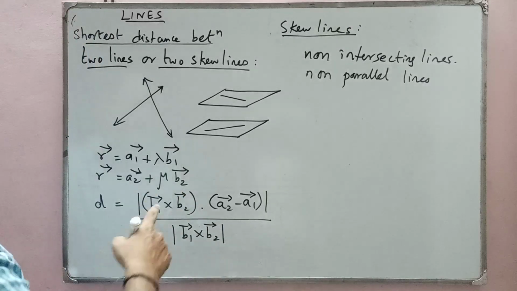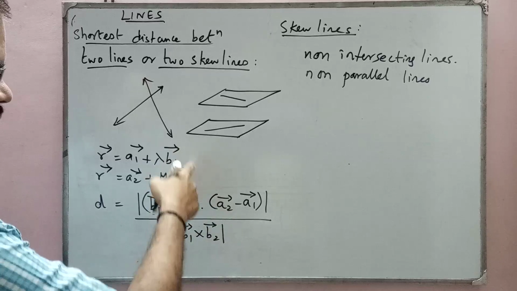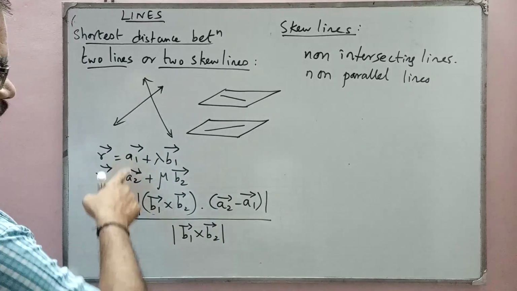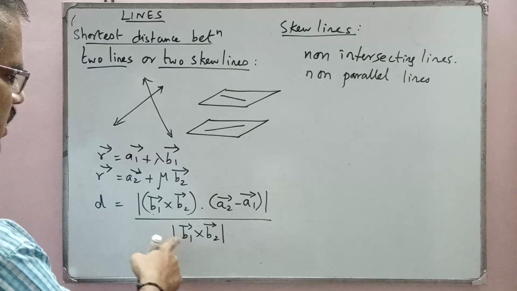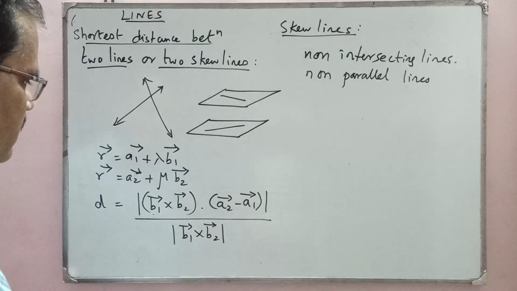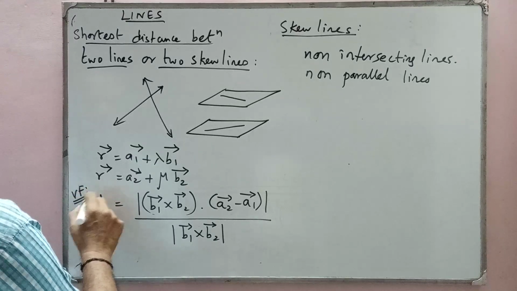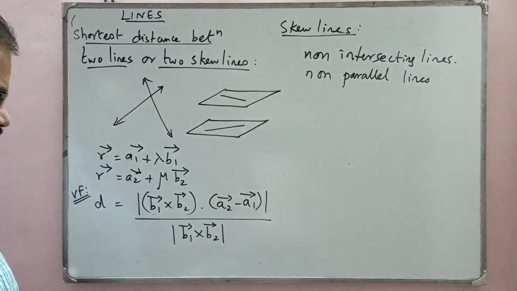This b1, b2 are the directions of the first line and the second line. This a2 minus a1 is the difference between the points. Then modulus of b1 cross b2. This is the vector form to find the distance.